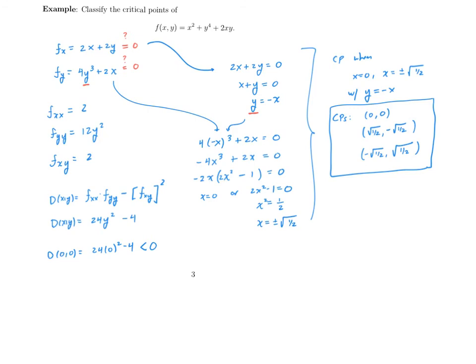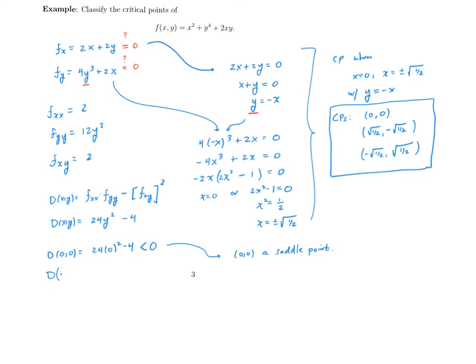That's a negative quantity. And the second derivative test tells us that when we have a negative quantity at a critical point, that would imply that the critical point 0, 0 is a saddle point. And we have 2 more critical points to take care of.